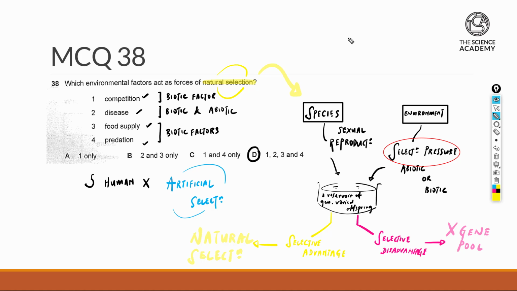Ultimately, these two forces, natural selection and artificial selection, in this overlapping field over here, represent evolution in the long run for a species. So it's really advantageous to go for sexual reproduction because you increase the amount of variability in the gene pool of your species to adapt to varying selection pressure, whether from humans or from nature. So the correct answer for this question here, once again, is D. All of them are environmental factors.